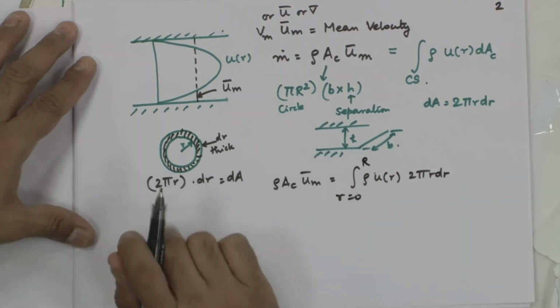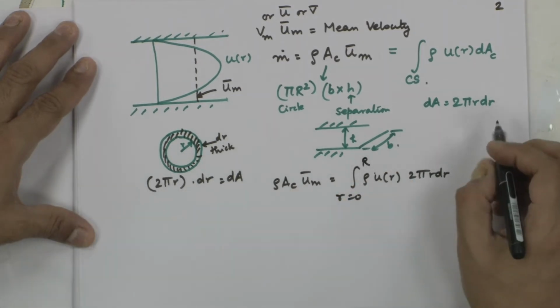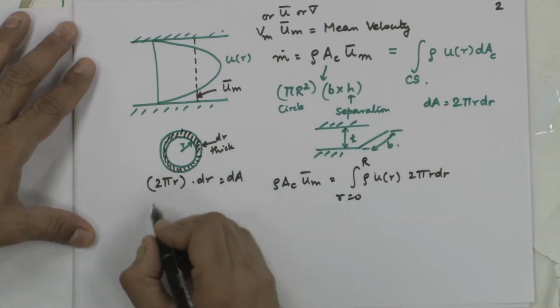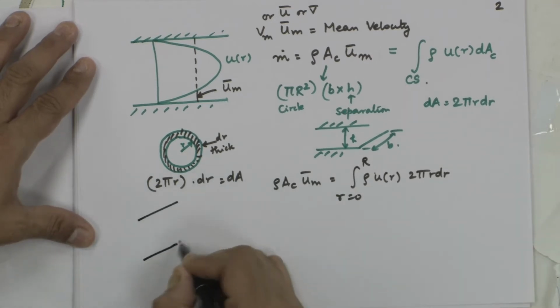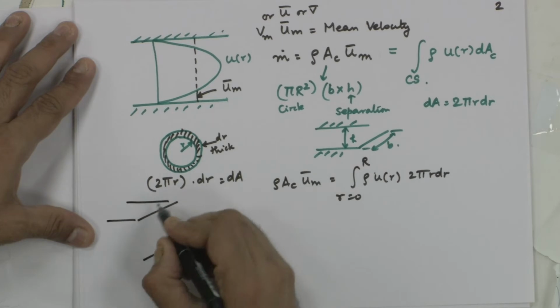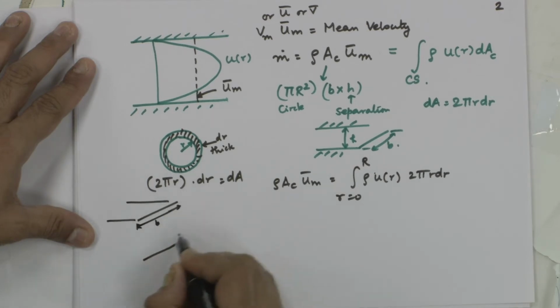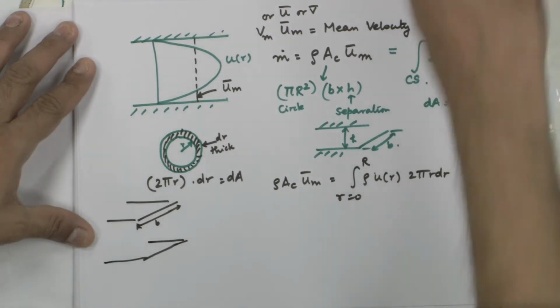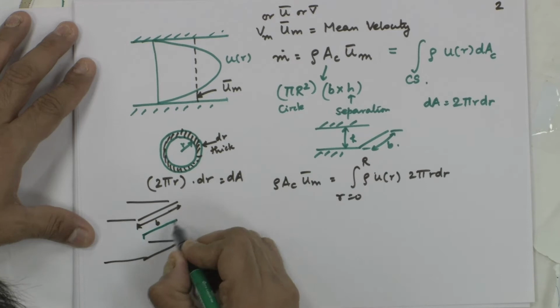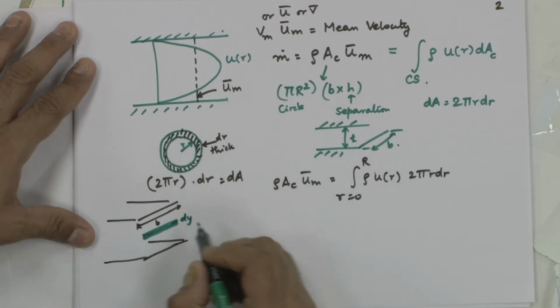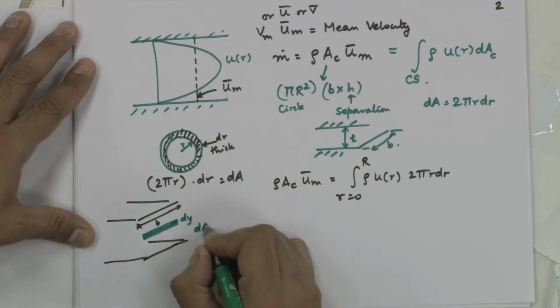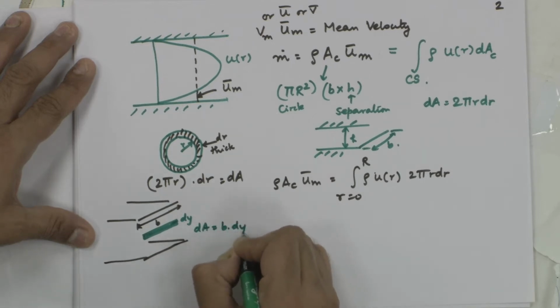We are doing this for a circular pipe. You can do this for any geometry. Let us say it is flow between two parallel plates. This is width B. This is the set of parallel plates for which you are doing it. We can talk about a strip. This is the green strip of thickness dy, and dA is nothing but B into dy.